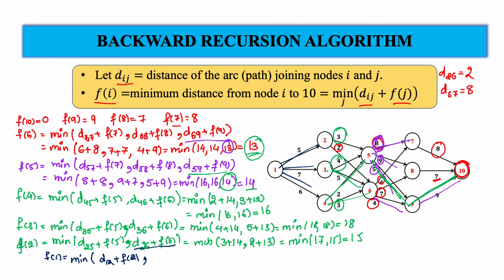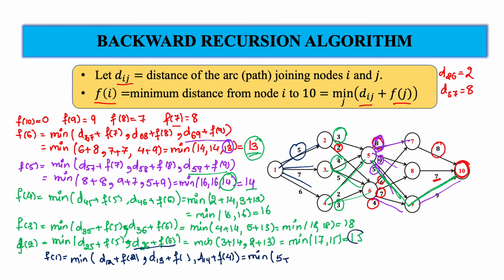Similarly, D1 to 3 plus minimum distance from 3, D1 to 4 plus minimum distance from 4. Okay, put the values. Minimum distance from 1 to 2 is what? 5. So 5 plus F2 is how much?